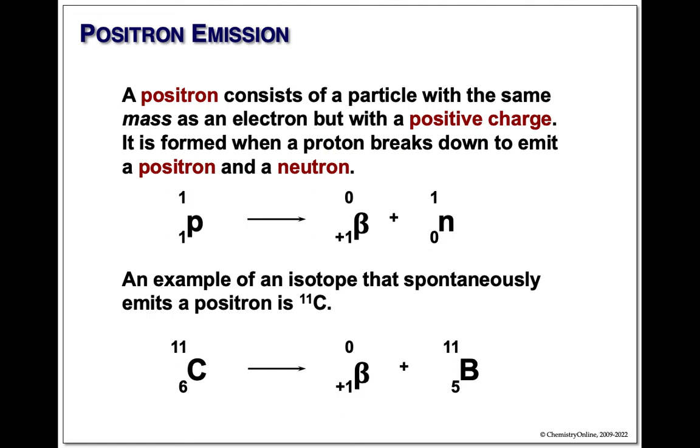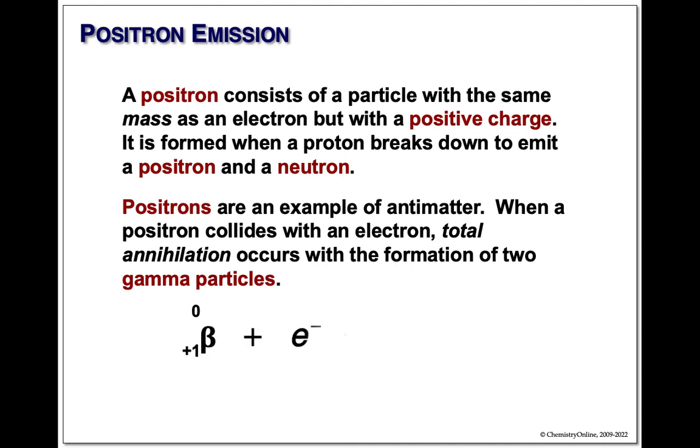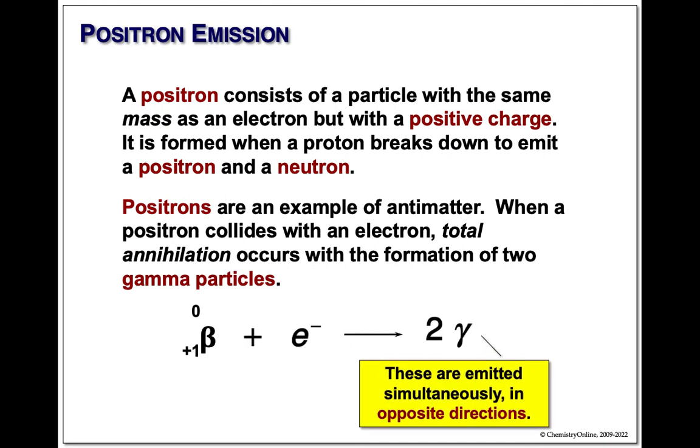Now, how can you have a positive electron? It's called antimatter. Yeah, antimatter is real. A negative electron, a beta particle. Positive electron, positron. Now, if you ever saw Star Trek, Scotty was always worried about the matter and antimatter mixing because they annihilate each other, right?